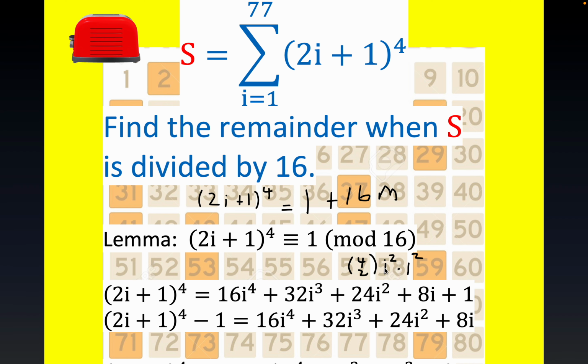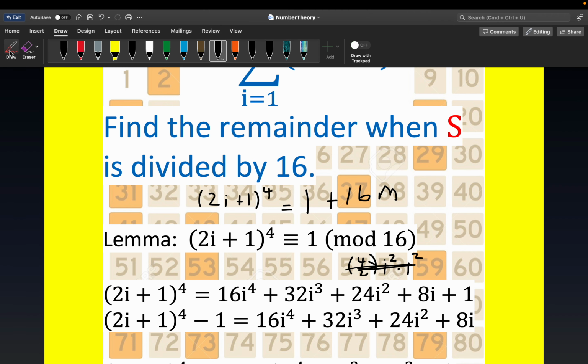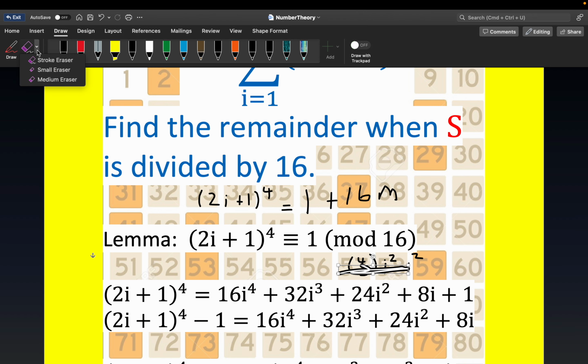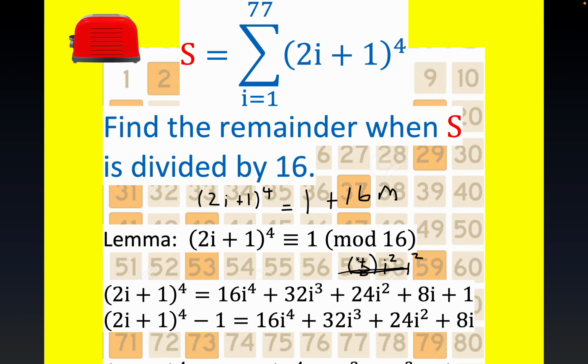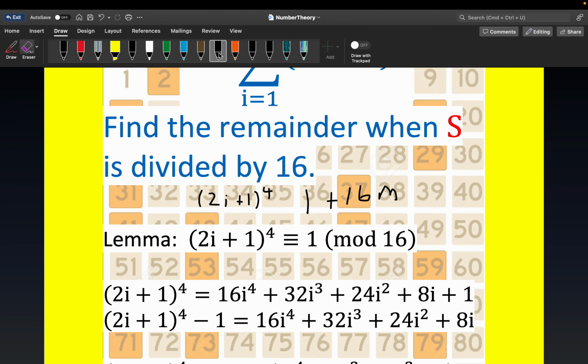This would be 2 to the i squared, sorry, let me erase that. Let me come back and get that straight, folks, for you guys.